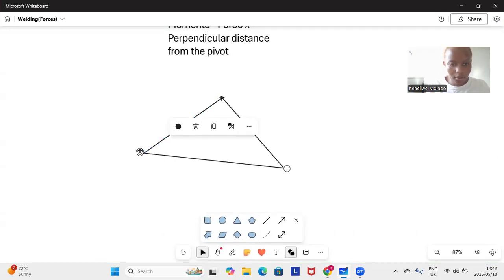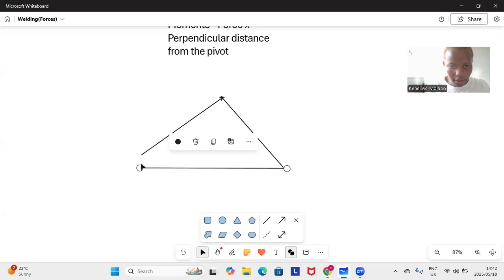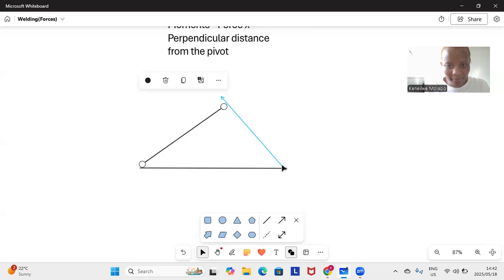Let me make it straight. I think this must be like this. Then this side must be reduced like this. Okay, let me put this one nicely.